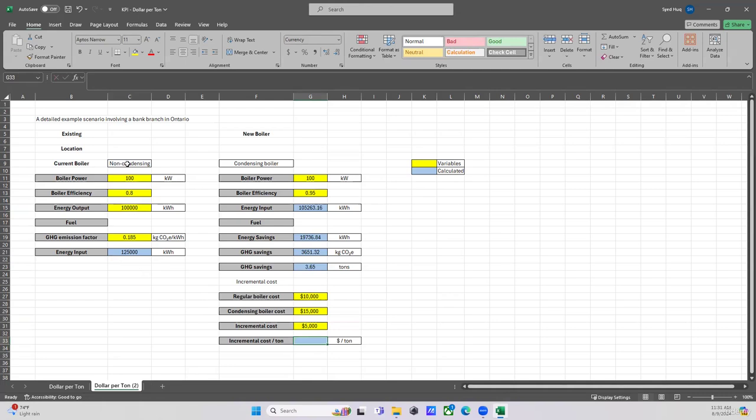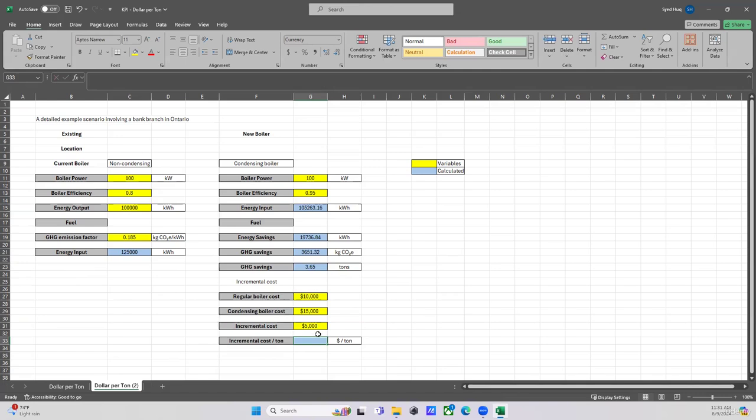Now the regular boiler cost was $10,000 and the condensing boiler cost is $15,000. If you are replacing the old non-condensing boiler with another non-condensing boiler, it will cost you $10,000. But if you replace it with a condensing boiler, it will cost you $15,000. So what is the incremental cost? It is $5,000. For this incremental cost, you are saving how many tons?